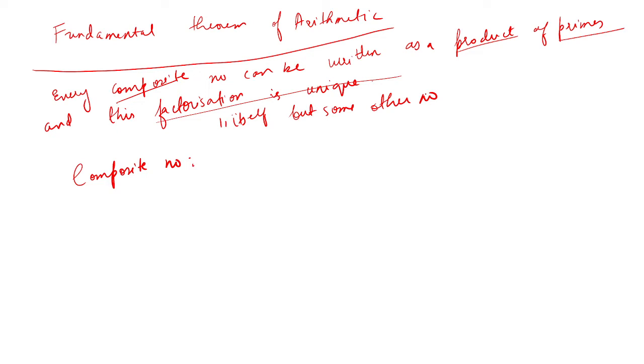Such numbers are called composite numbers. For example, the first composite number that we come across is 4, because 1 into 4 is 4, 4 into 1 is also 4, but 2 into 2 is also 4. So 4 can be multiplied by not just 1 and itself, but also 2.